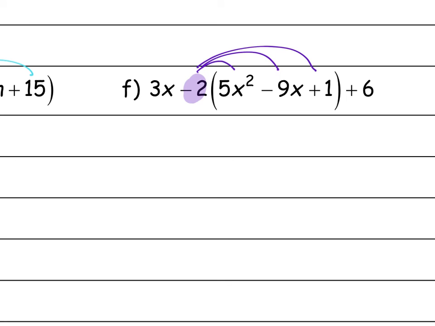So I'm going to rewrite everything out, and I'm going to say this is 3x minus 10x squared plus 18x minus 2 plus 6. Because remember, I do want to just say this really quick. This is a -2, not just a 2.